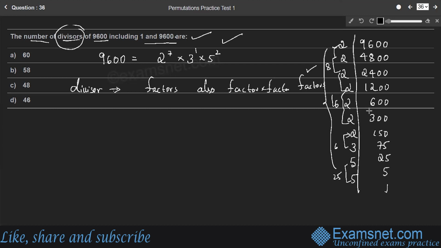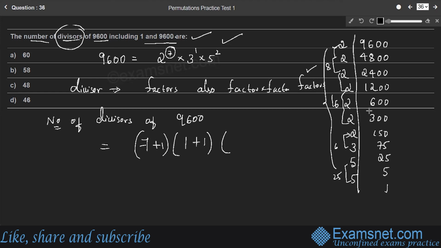Therefore, the number of divisors of 9600, including 1 and 9600, is as follows. The exponent of 2 raised to 7 is 7. Consider this exponent, add 1 to that, into the second exponent, 3 raised to 1, plus 1, into the third exponent, 2, plus 1.